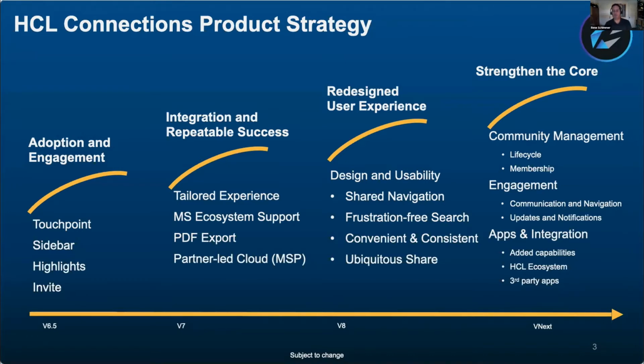And thirdly is around the individual apps and integration with other apps outside of Connections. With V7, you know that we put a lot of effort into integrating with Teams and Office and SharePoint, so the Microsoft stack. There are things that we want to improve there, but there are also other areas where we want to improve the integration, our own portfolio being one of them, of course.